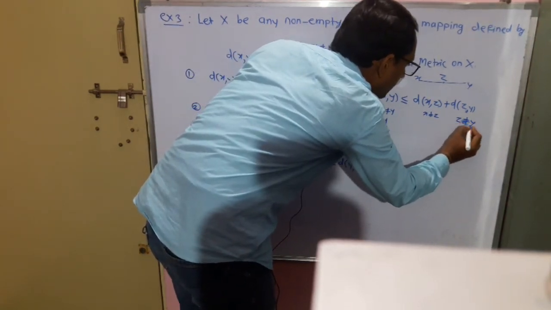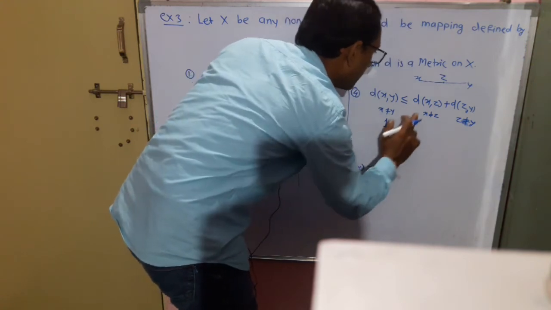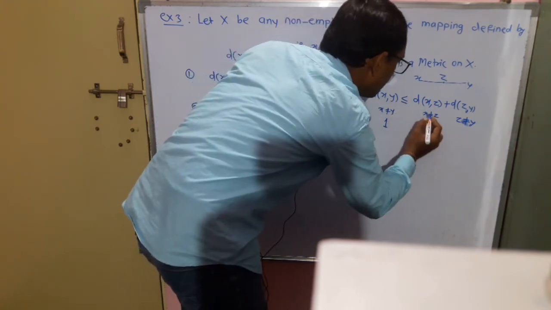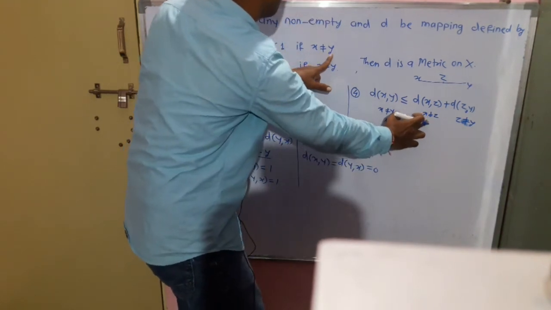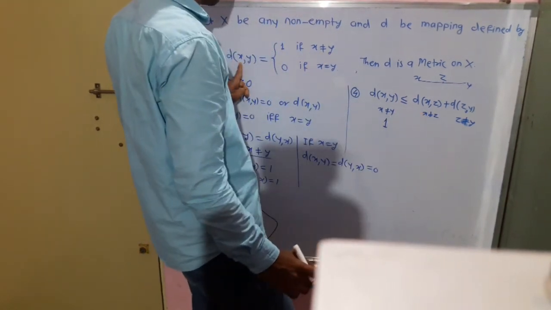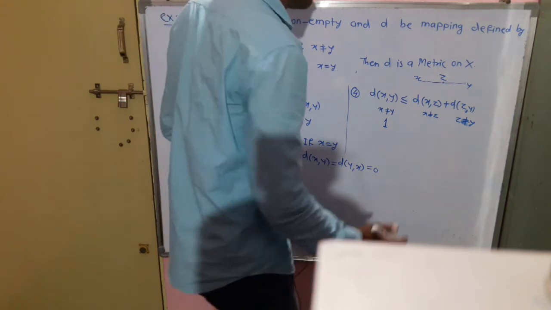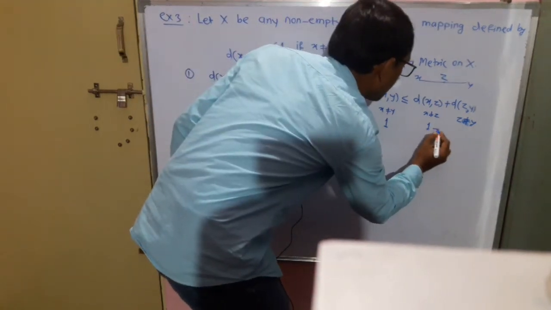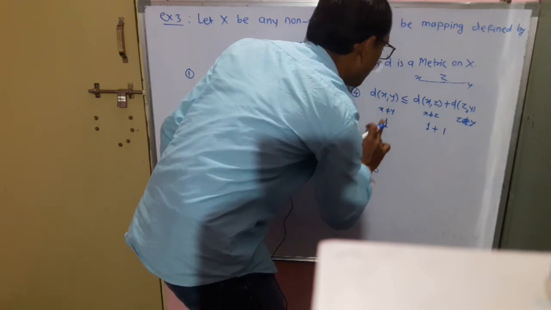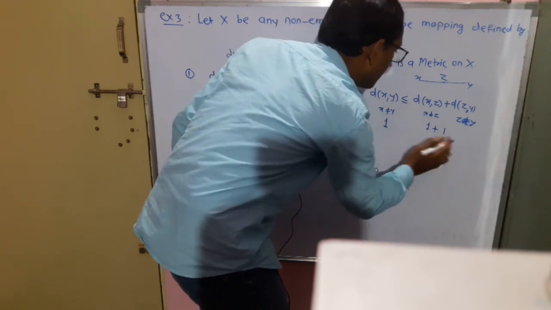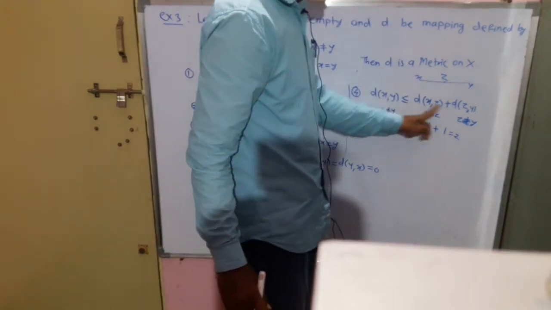Then the right hand side is 1 plus 1, because for any distinct elements the value of the function is 1. So the left hand side is 1 and the right hand side is 2. In this case, the left side is less than or equal to the right side.